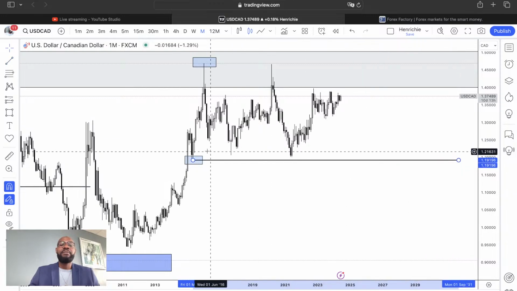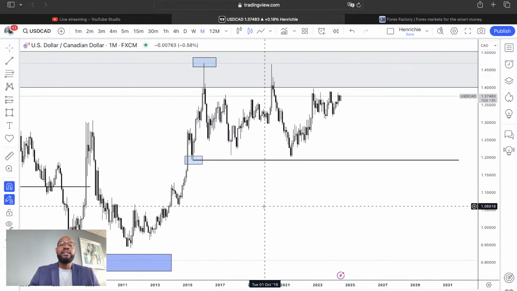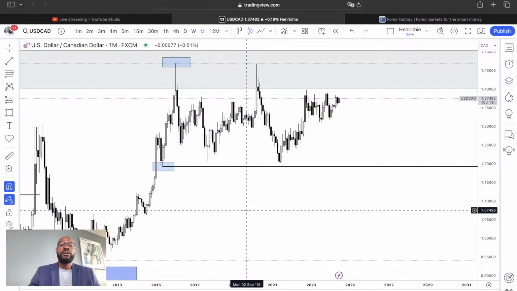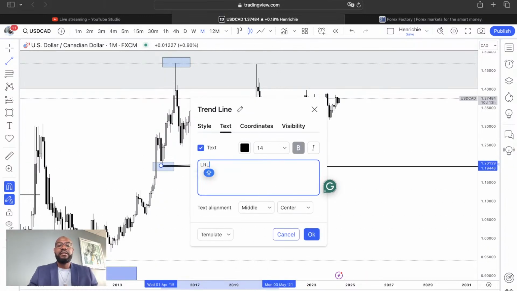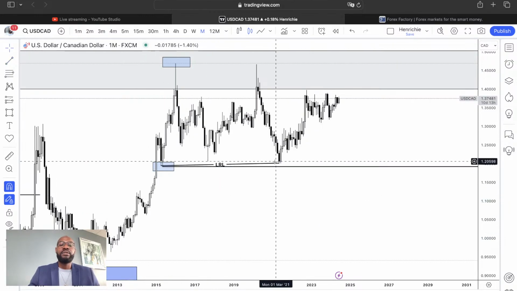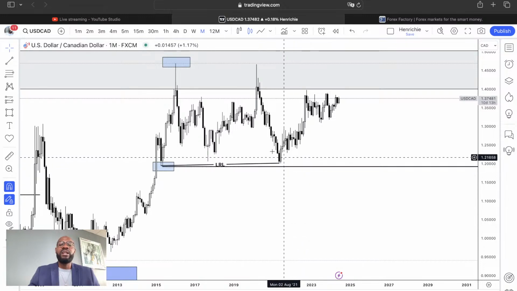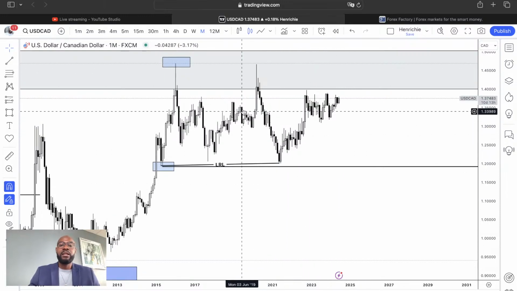So if this low had been broken now, I would have been way more confident for sells for USD CAD, and I'll be looking for a potential continuation to the downside. But also remember that the fact that this low hasn't been taken still means that there is liquidity inducement right here, because this now becomes a low resistance liquidity. So whenever price does decide to run the low, it's literally going to violate it very violently.